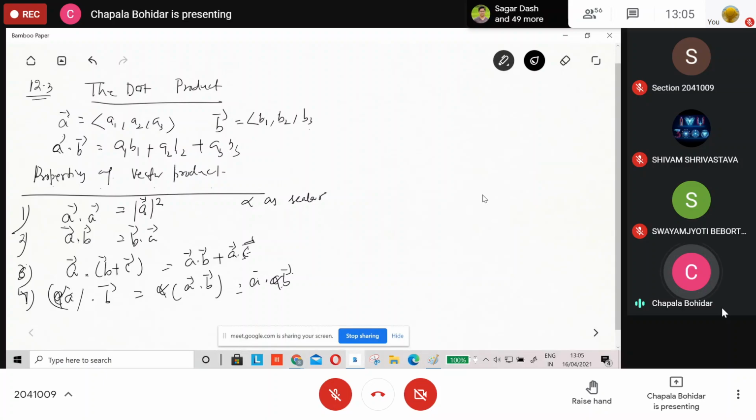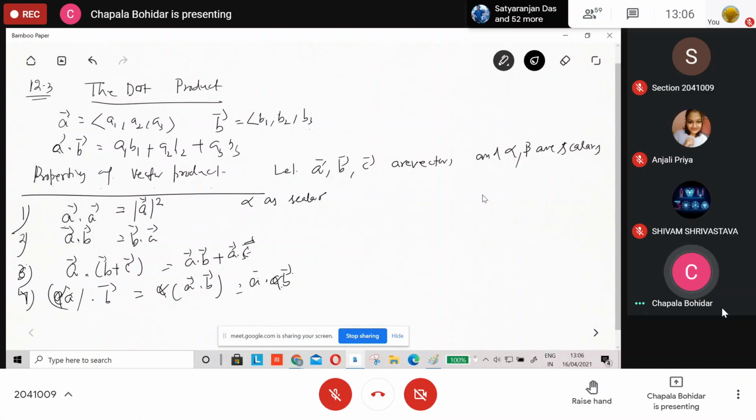Here you can write down: let A, B, C be vectors, and alpha, you may use beta, no problem, are scalars. Okay.